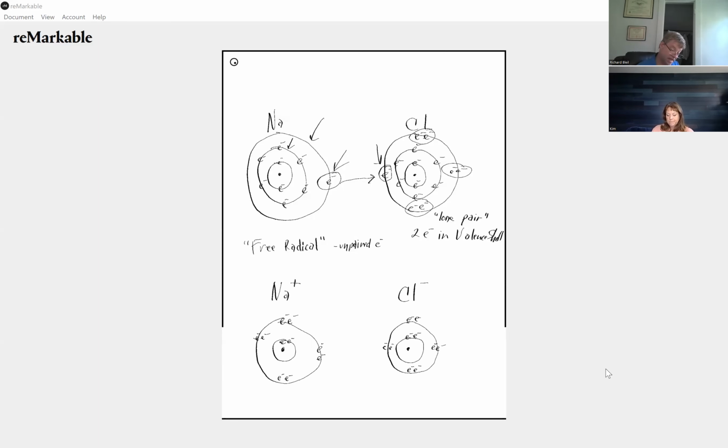Now notice that we still have in the chlorine the 2 inner shells, but now the outer shell no longer has 7 electrons because it gained 1. So the outer shell now has 8 electrons.